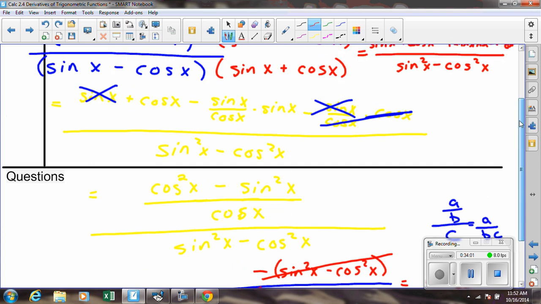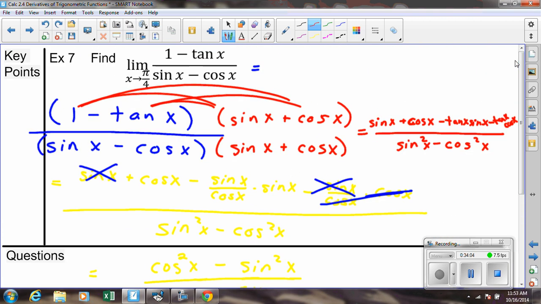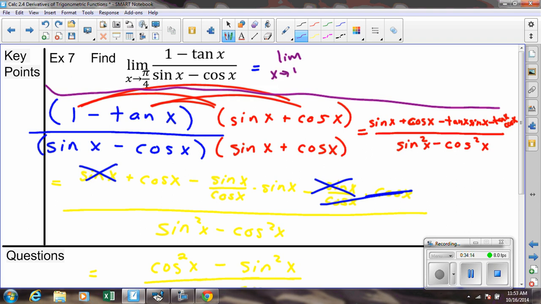After all that algebra to simplify, we're eventually able to come back and say, and I'm going to use this purple to kind of separate it. This limit will be equal to the limit as x approaches pi over 4 of negative 1 over cosine of x, which would be the same thing as, reciprocal of cosine is secant.